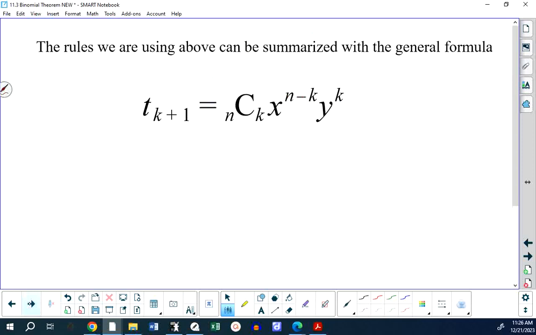But the formula is that. This is saying everything I've told you. That if you want, say, for example, the 8th term, what value of k would make this 8? 7. So 7 goes here and here and here, and whatever n is goes everywhere else. If that formula bothers you, you don't need to use it. But you do have to remember the relationship between things.